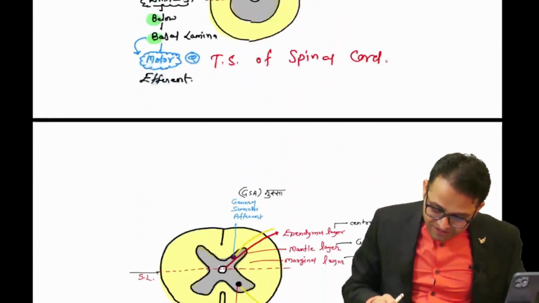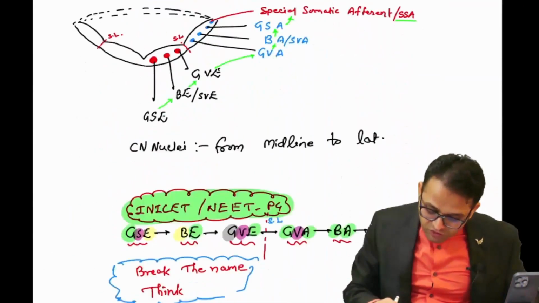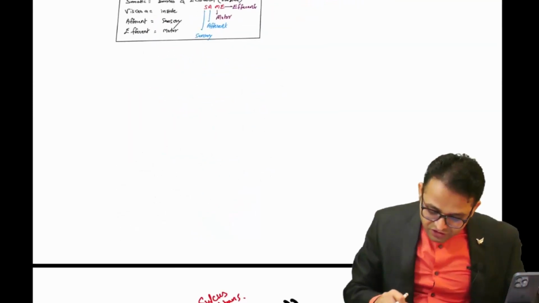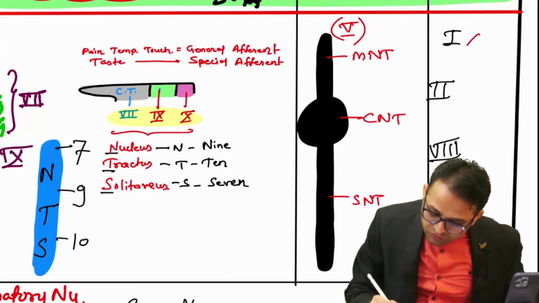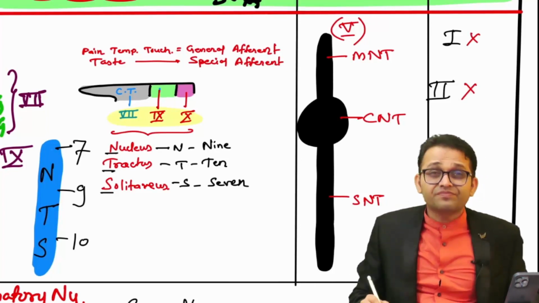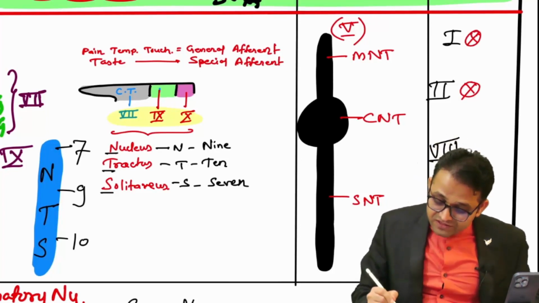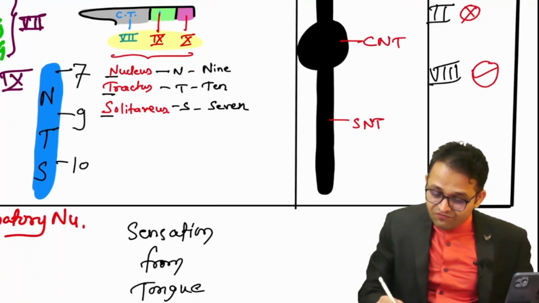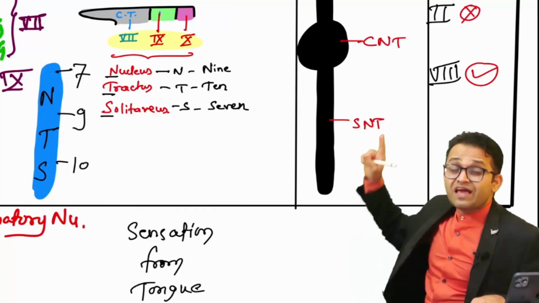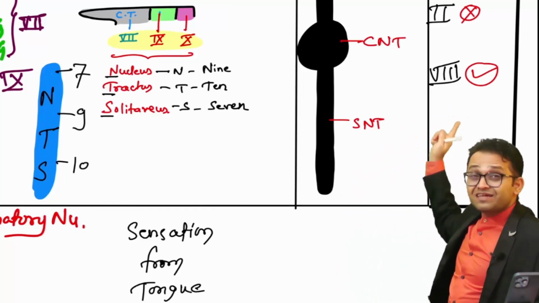That's why remember, when you are talking about the functional column of the cranial nerve nuclei, don't count the first, don't count the second. These do not have a nucleus, but the eighth cranial nerve has the nucleus. So the only one that has the nucleus, the answer is the eighth cranial nerve.